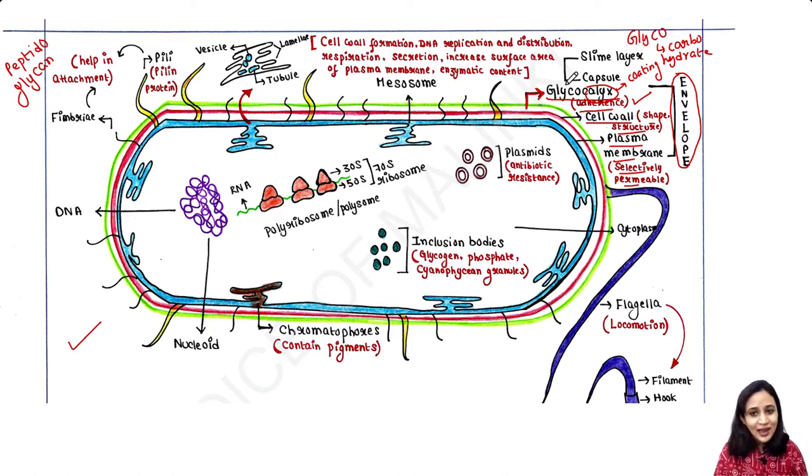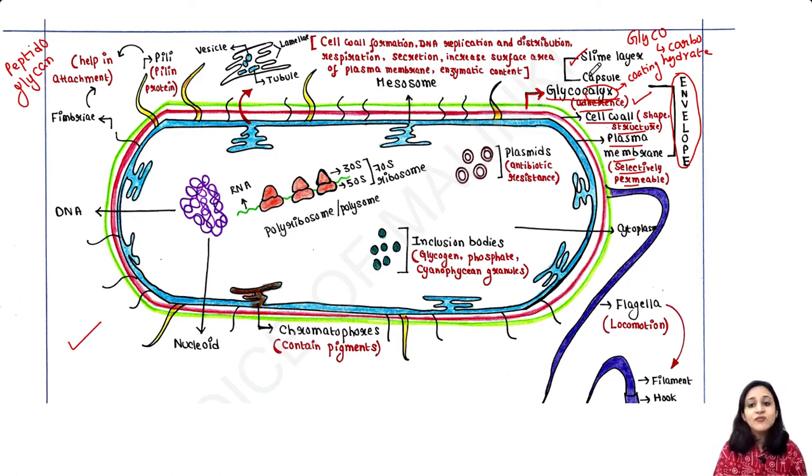Now this glycocalyx, that is the outermost membrane, it could be of two types. One is the slimy layer. Sometimes the glycocalyx is slimy, a loose structure. Sometimes it is tough and thick.